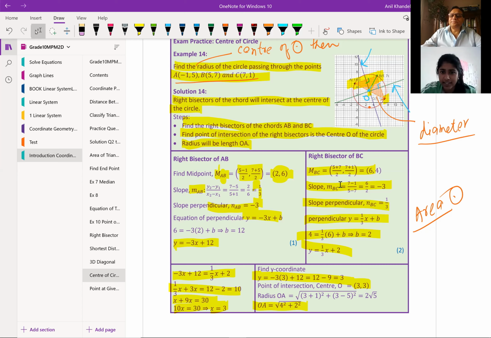To find the center, you take 2 points and form a chord, and then find the midpoint. So you do the right bisector of AB, and then you do the right bisector of BC, and then you make them equal to each other. Okay. And then you get your point, which is the center of the circle.